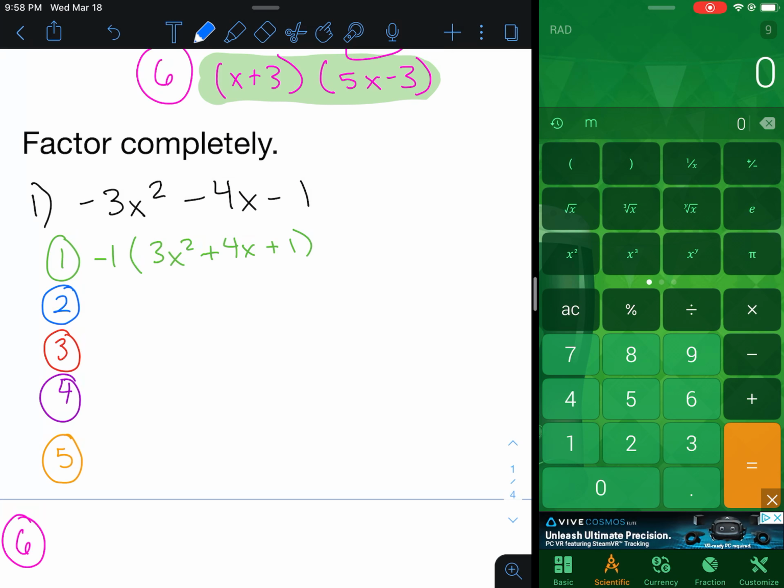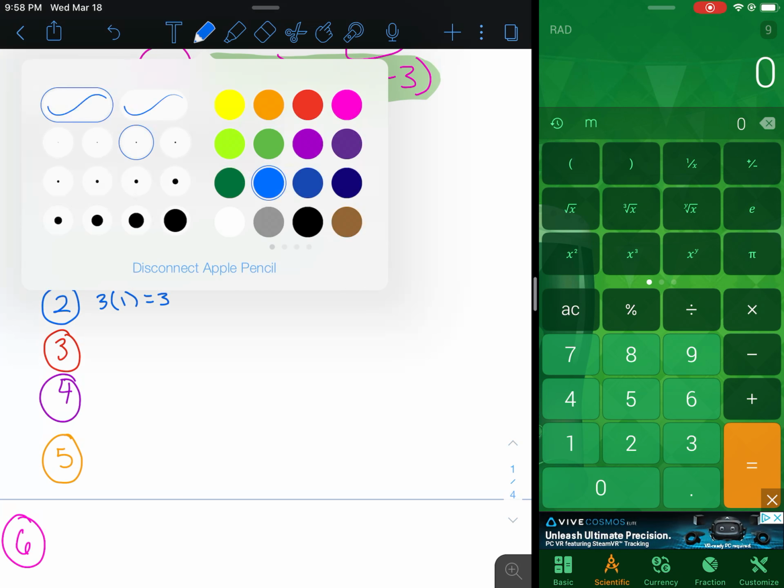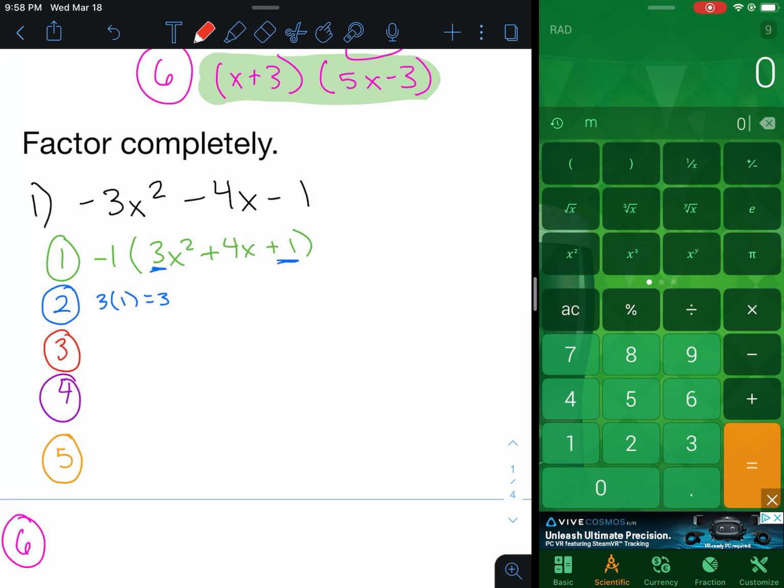Our next step is to take our a, so our new a, and our c, and we're going to multiply them by each other. So 3 times 1 gives us 3. Now this one's kind of easy because there's only two factors of 3, and that's 1 and 3. So 1 plus 3 gives us 4, which is our b term, and 1 times 3 gives us our new c term, which is 3.